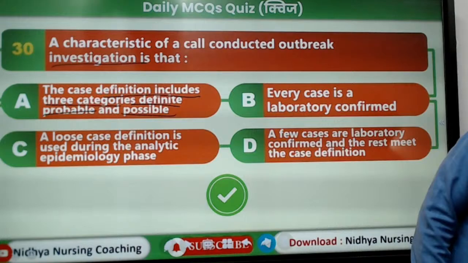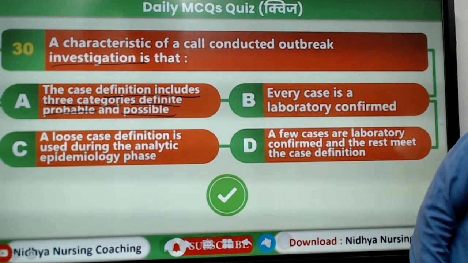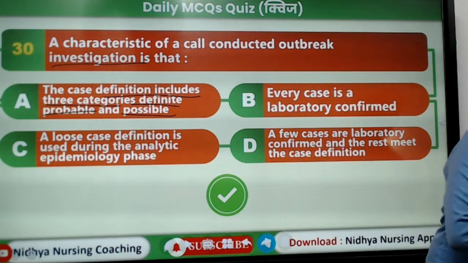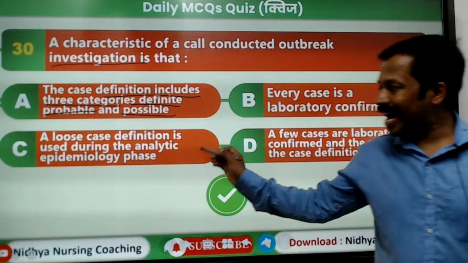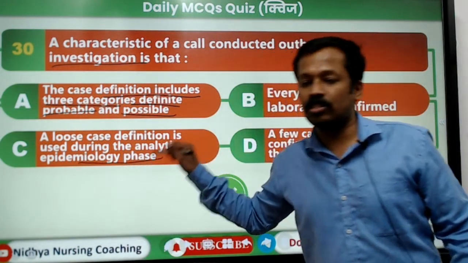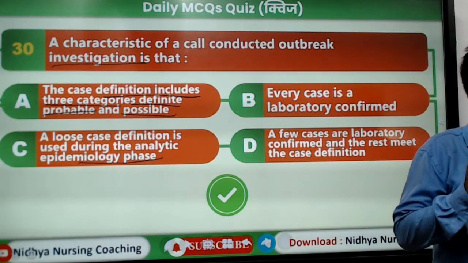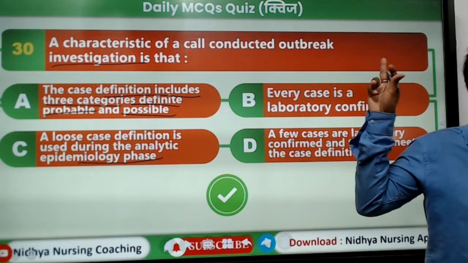Related to case definition during the analytical epidemiological phase. Do we have to analyze? We have to, but that is not important during the time of outbreak, isn't it?